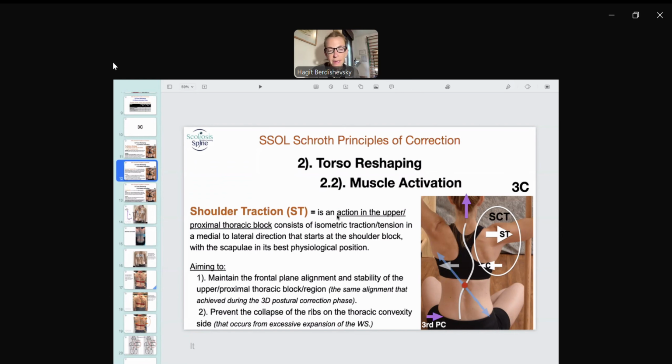Basically, we can read it as an action in the upper proximal thoracic block consisting of isometric traction and tension, because there's really no movement, we are already in the muscle activation. It goes in a medial to lateral direction, from the center towards lateral, that starts at the shoulder block with the scapula in its best physiological position.